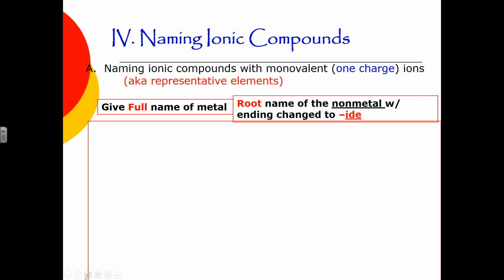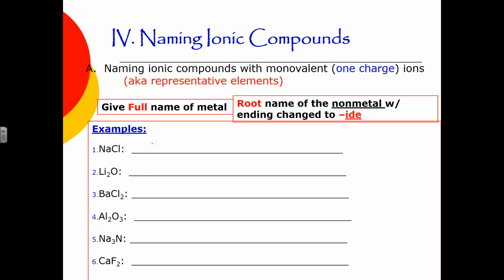When you're naming your anion, you give the root name of the anion, which is always a nonmetal, and then you change the ending to IDE. So fluorine would change to fluoride. Chlorine would change to chloride. These compounds will end in the ending IDE.